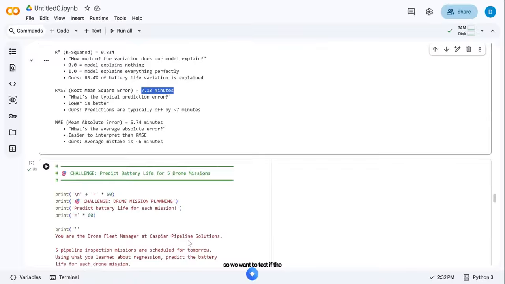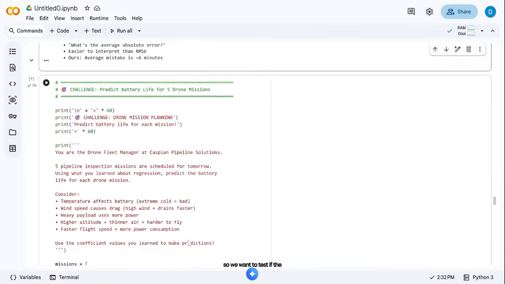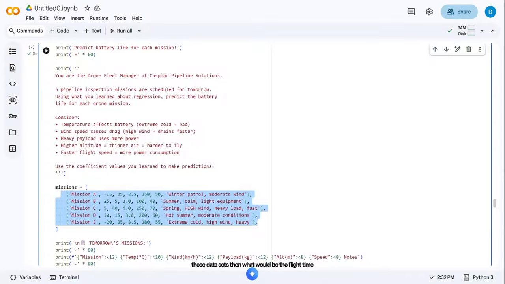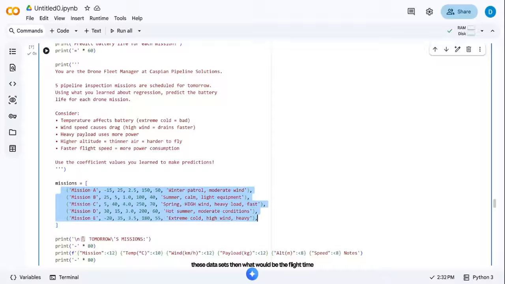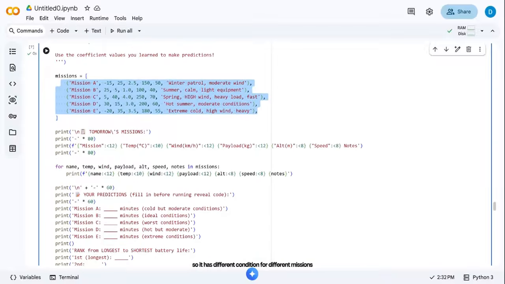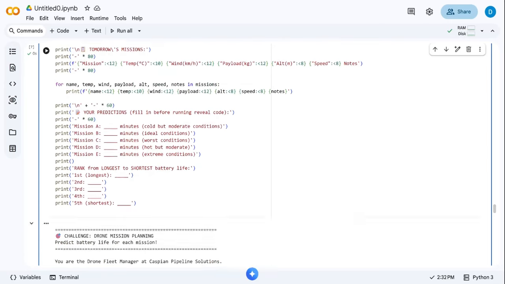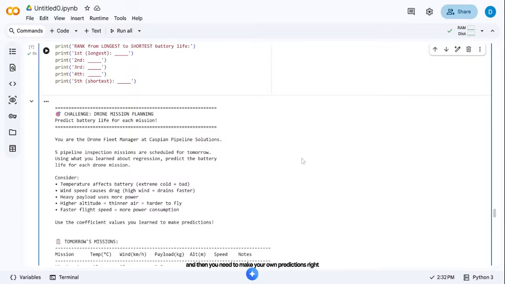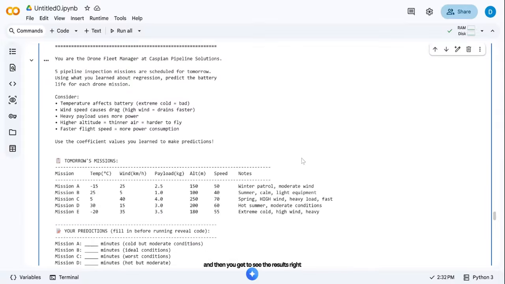So we want to test if these features have these conditions, these data sets, then what would be the flight time? It has different conditions for different missions, and then you need to make your own predictions, right? And then you get to see the results.